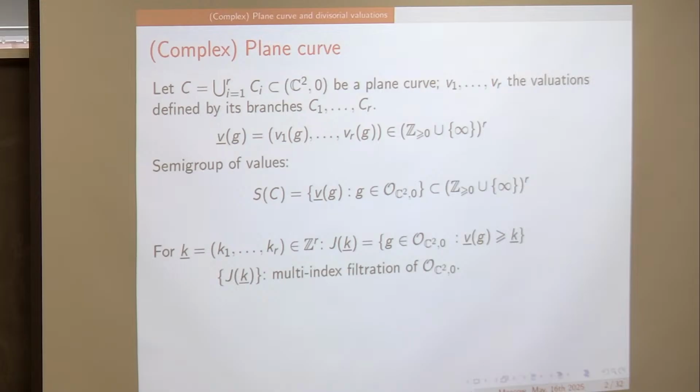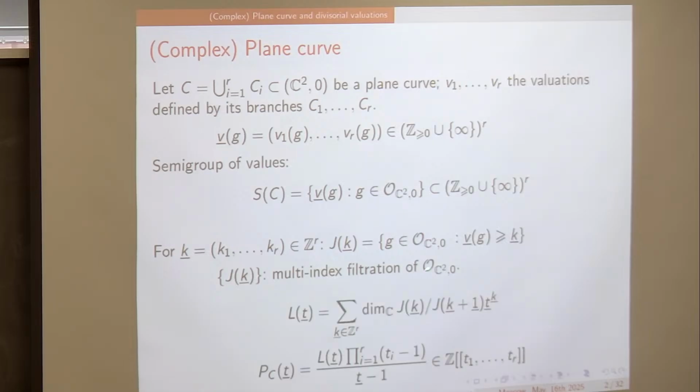So this defines a multi-index filtration on the ring. And we collect the dimensions of the quotient J of k divided by J of k plus 1, that means strictly bigger than k in each coordinate.